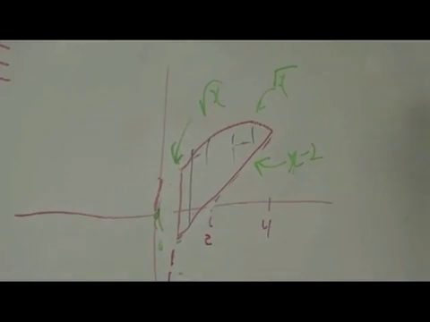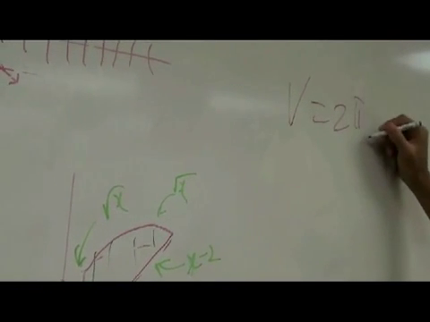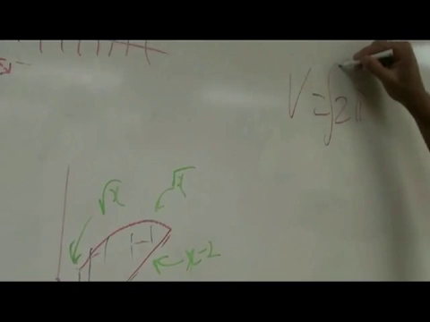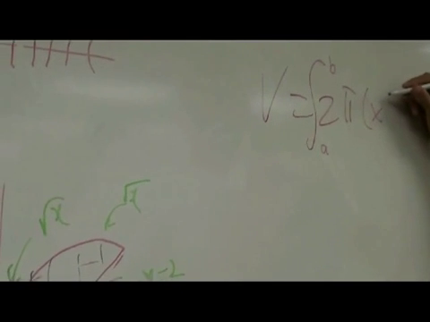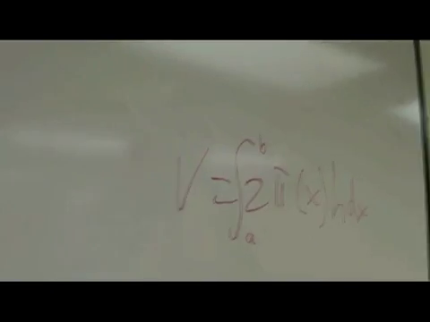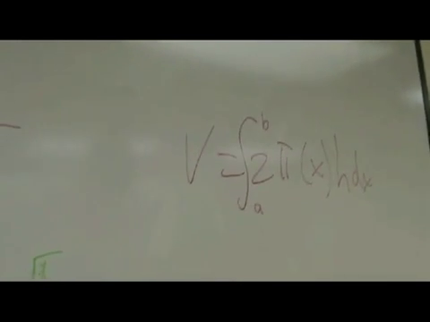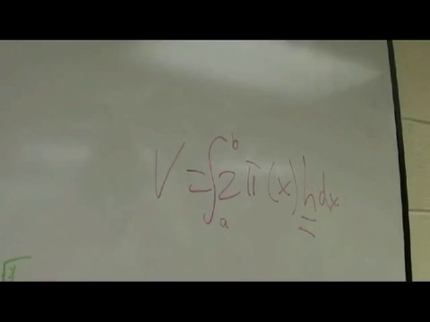Our basic volume for shell method is going to be the integral of 2 pi from a to b of, since we're in terms of x, it's going to be x times whatever your height is dx. So in our case, our h is just going to be your top curve minus your bottom curve. Okay?